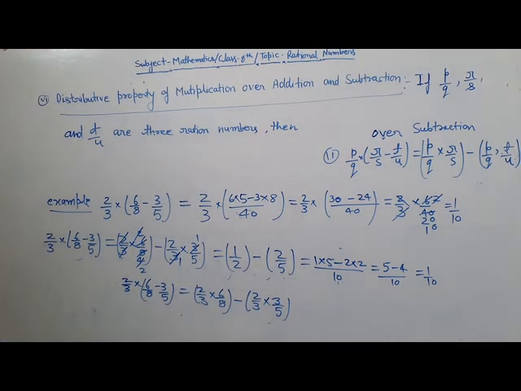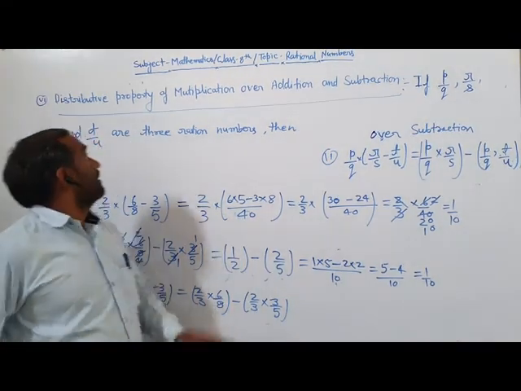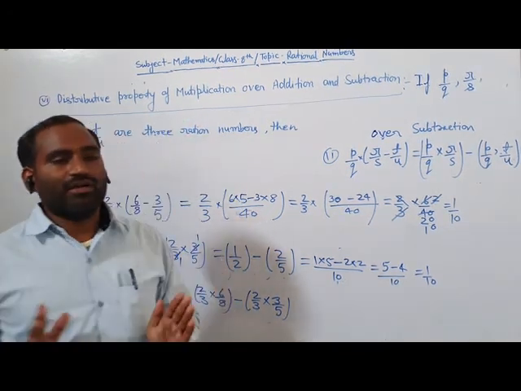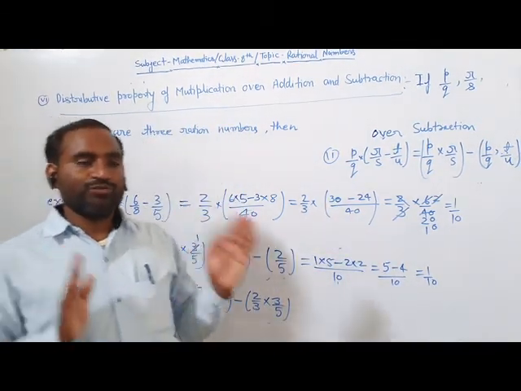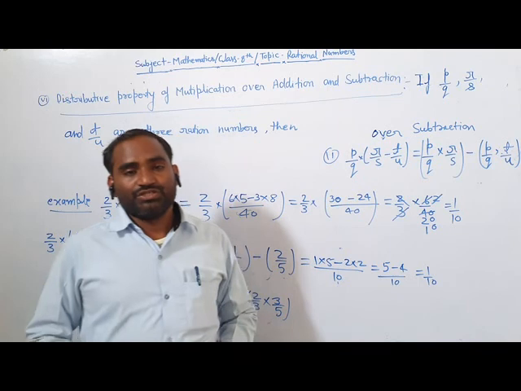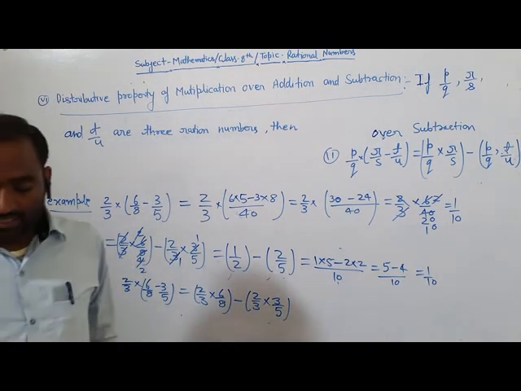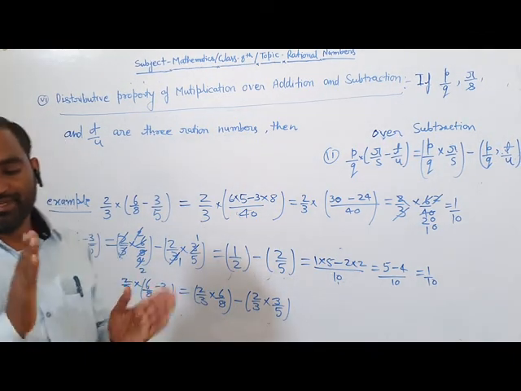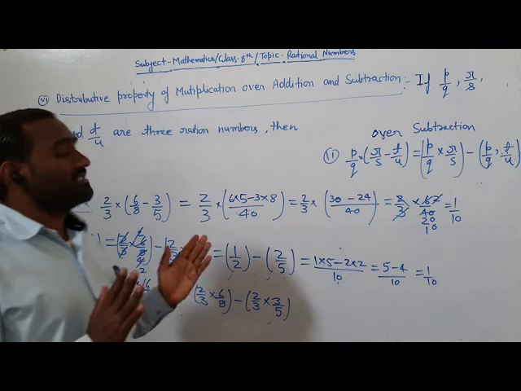So all of you have studied the properties of multiplication: closure property, commutative property, associative property, multiplicative identity, multiplicative property of 0, and the distributive property of multiplication over addition and subtraction.